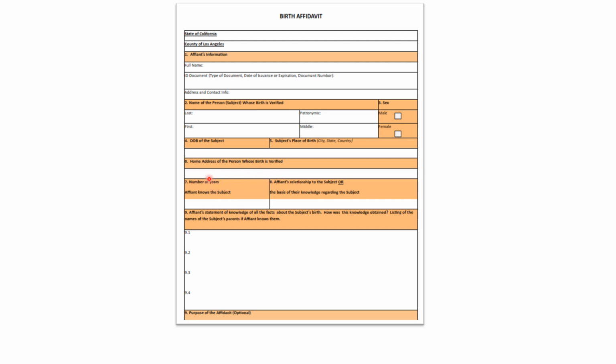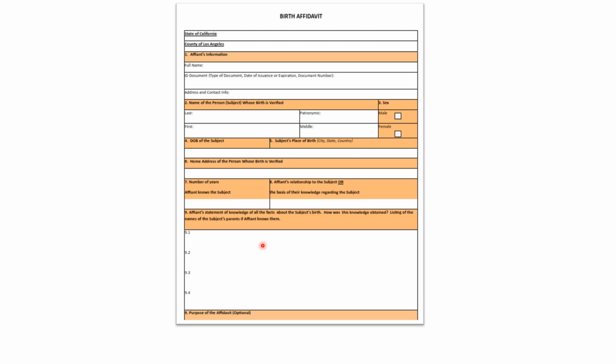Sometimes, but it is optional, the number of years the affiant has known the subject, the client's relationship to the subject, or the basis of their knowledge regarding the subject. Here is also an affiant statement of knowledge of all the facts about the subject's birth, how this knowledge was obtained, and a listing of the names of the subject's parents if the client knows them.